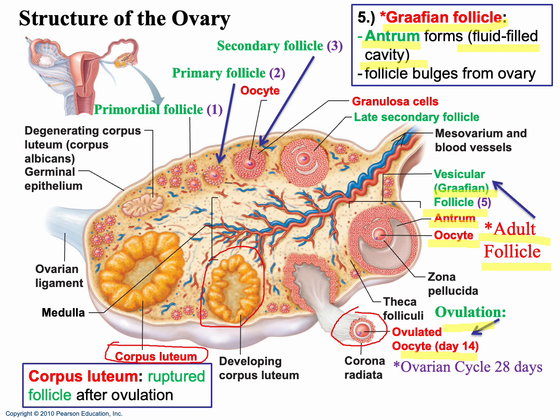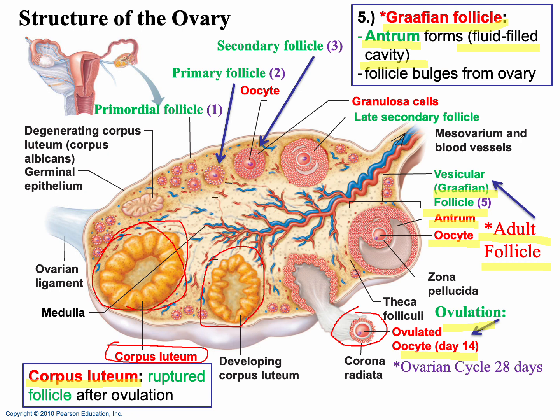The corpus luteum is the ruptured follicle after ovulation. And it might look like perhaps a funky looking brain structure here. The thing about the structure is, if the woman's pregnant, this structure will be maintained and will be critical early on in the pregnancy because a lot of estrogen and progesterone is produced here.